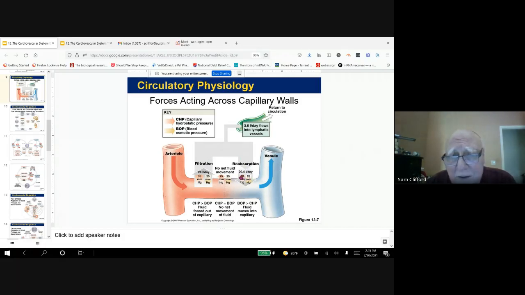Here, when the hydrostatic pressure, which means the pressure due to heartbeat, is lower, the fluid is reabsorbed. Otherwise, you're going to get edema, swelling of your lower limbs, and retention of fluid.